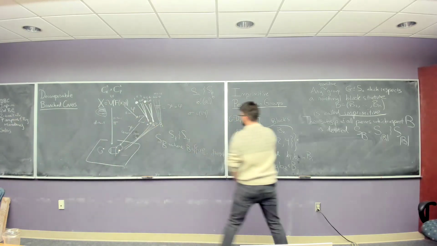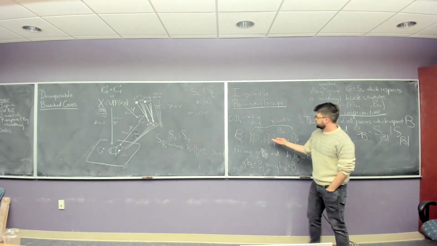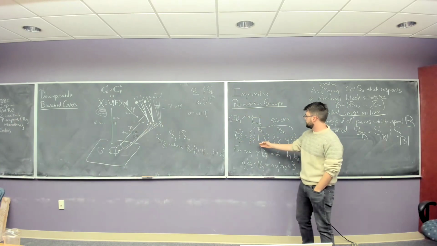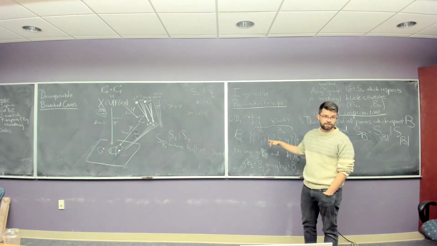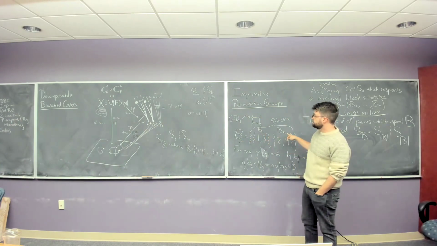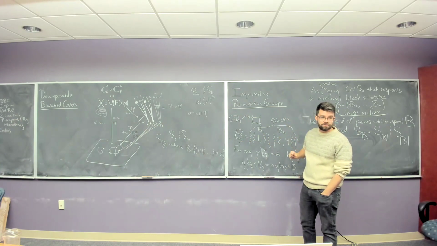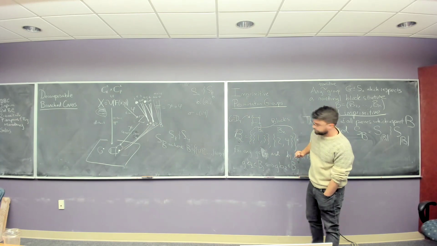So, for example, here, SB has order 2 factorial, because there are 2 families, times 2 factorial raised to the 2.